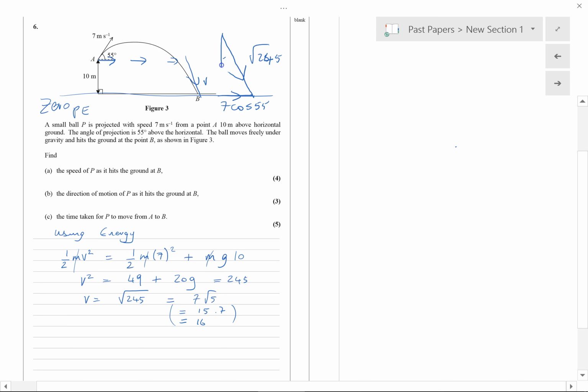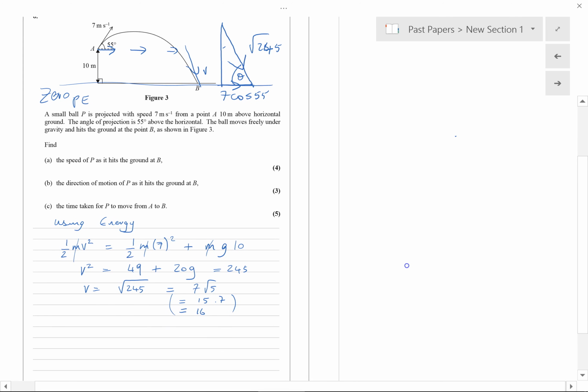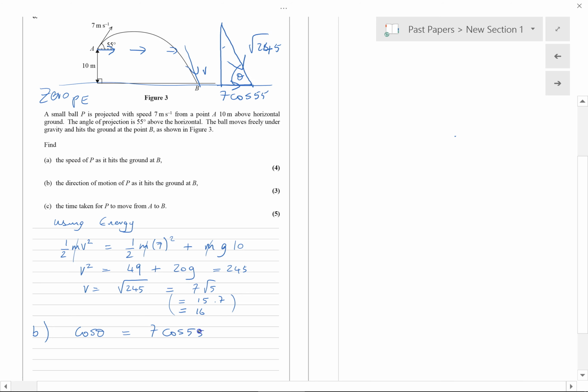And we want the direction that this is, let's call it with the horizontal theta. So we've just got a normal triangle there, so we can just say cos theta, because that's what it is, 7 cos 55 over the square root of 245.